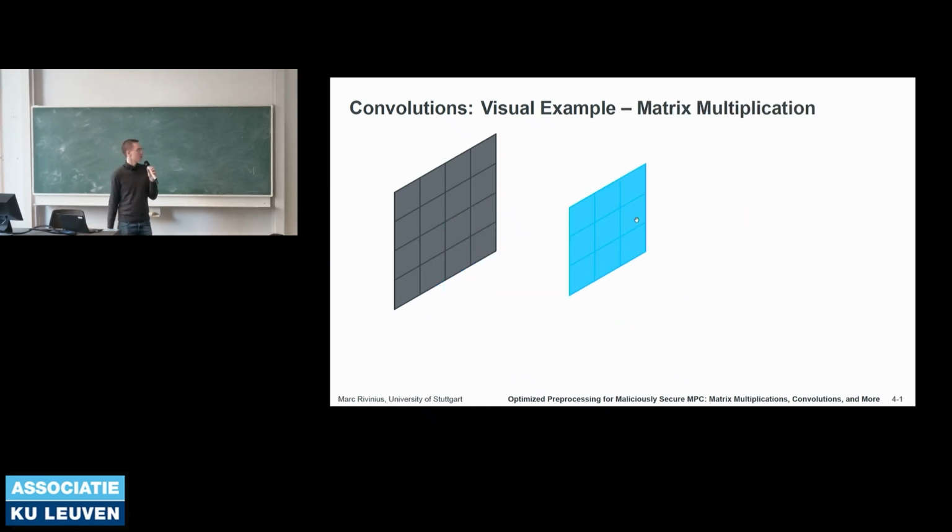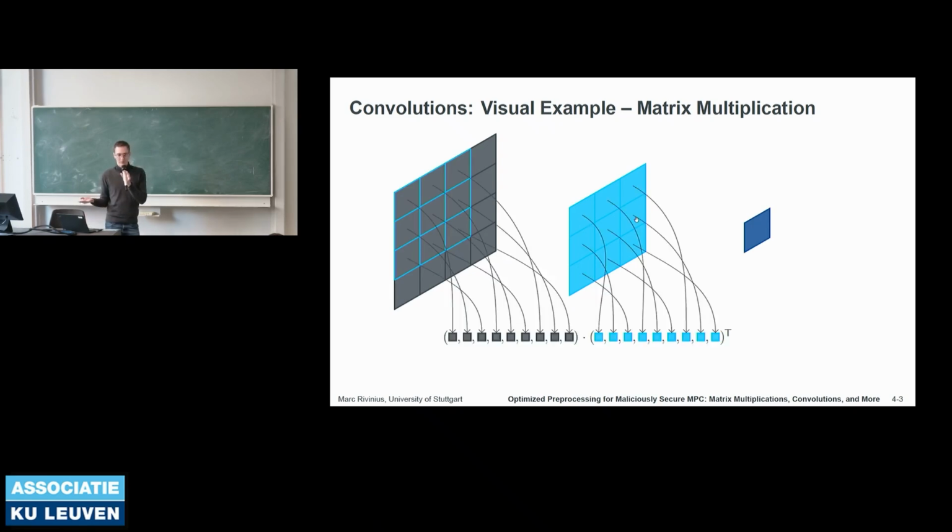And yeah, there are also multiple ways to represent this as a matrix multiplication. One more or less intuitive way is that you do again the same thing, and to do your convolution as a matrix multiplication, you just put all your filter elements in a vector, you put the corresponding image elements in a vector, then you do a dot product and you get one part of your output.